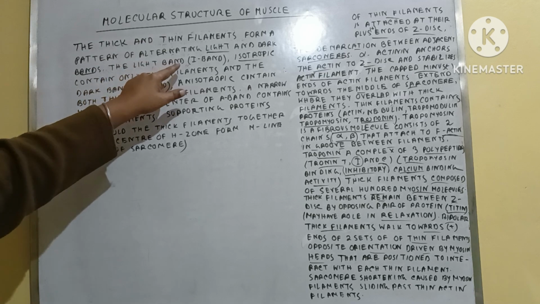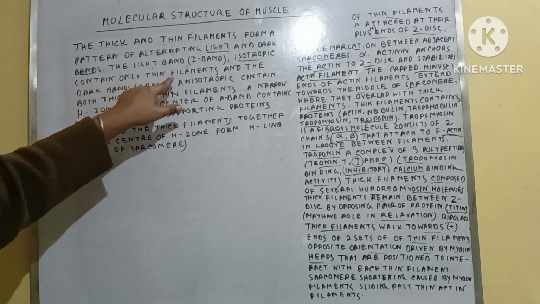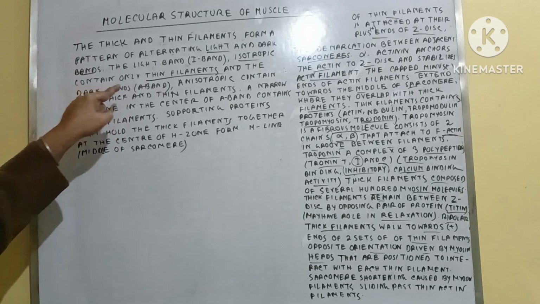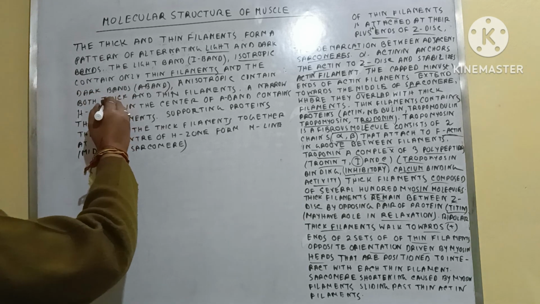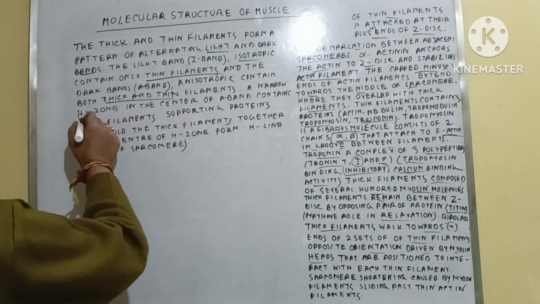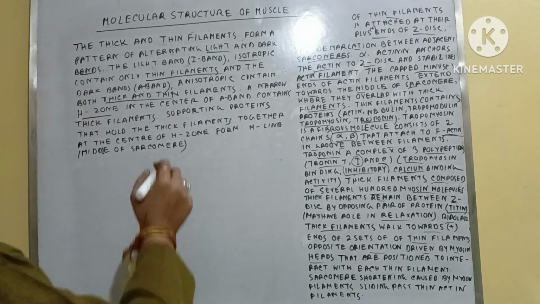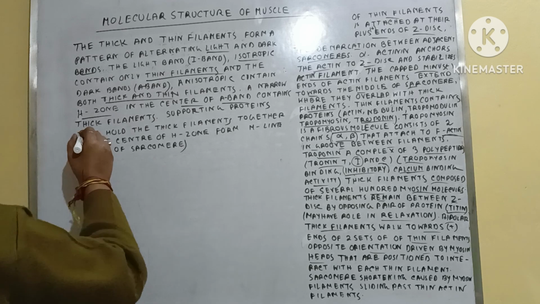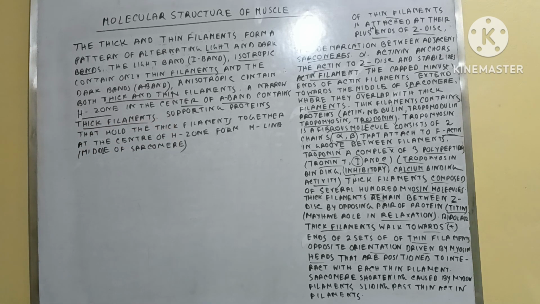So the light band contains only the thin filaments, and the dark band contains both thick and thin filaments. Now, there is a narrow H zone in the center of the A band, and this contains only the thick filaments.